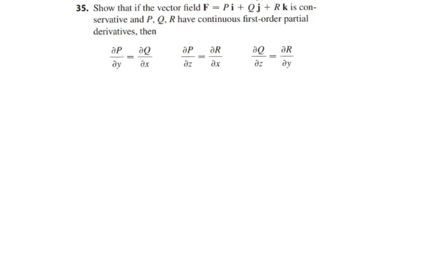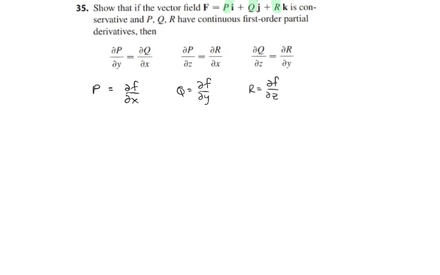So that means there is some f such that P is the partial of f with respect to x, Q is the partial of f with respect to y, and R is the partial of f with respect to z. Let me write that down here.